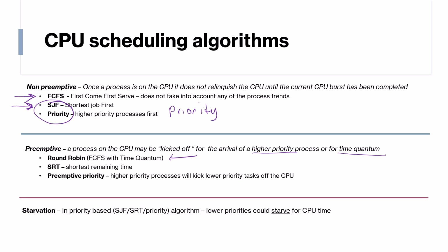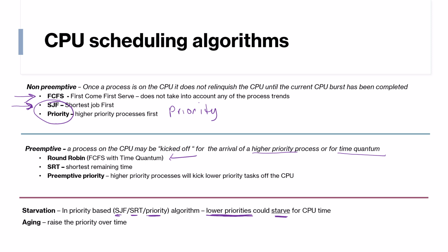Starvation can happen in any type of priority-based algorithm: shortest job first, shortest remaining time, priority, preemptive priority. All this means is that lower priority tasks or lower priority processes could starve for CPU time. That would make sense if you have a bunch of high priority processes coming in. The low priority processes are going to keep getting moved to the back, and the higher ones are going to keep moving to the front, pushing all of those lower priority ones to the back, and they will starve for CPU time.